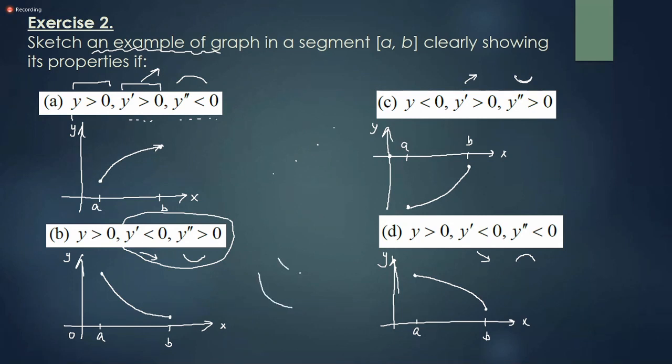It could be curved so that it's almost flat, almost a straight line, and very difficult to notice these things. That's all possible, but the basic shapes are only four. So on each segment of the domain, you should be able to see what happens with the graph, how you should sketch the graph if you know the signs of derivatives. We will use that for investigation and graphing of the functions.